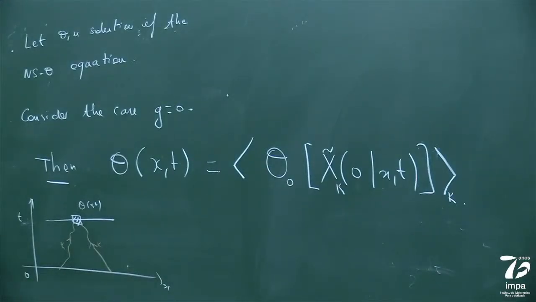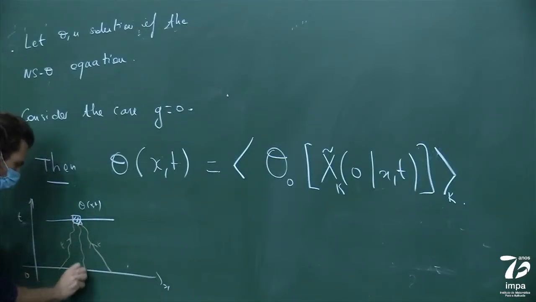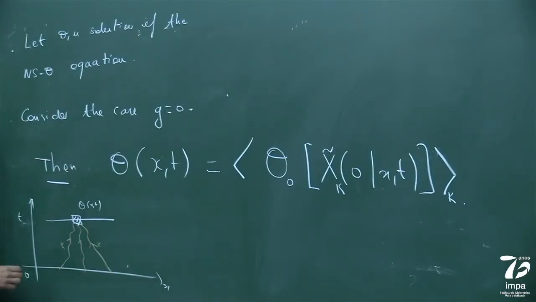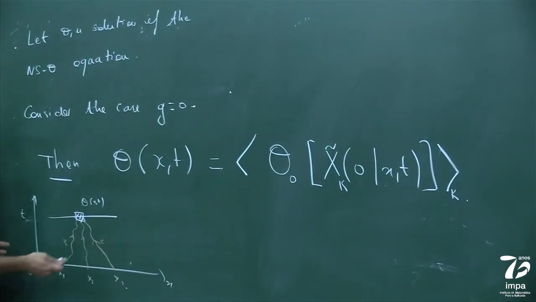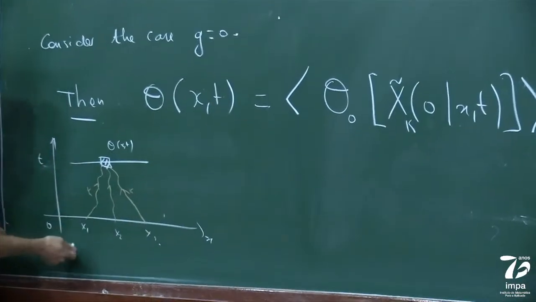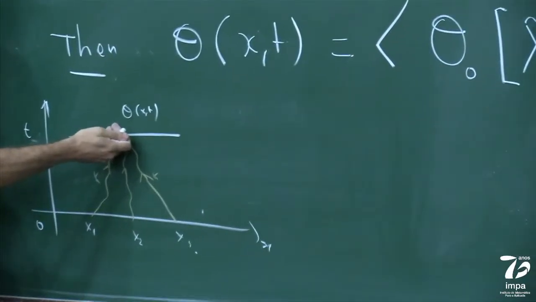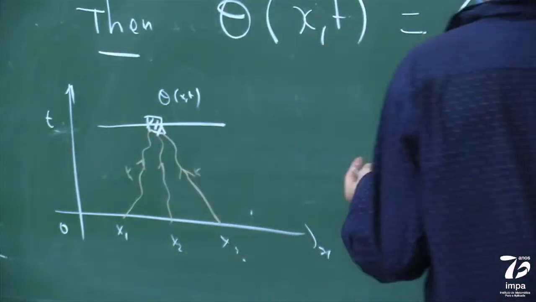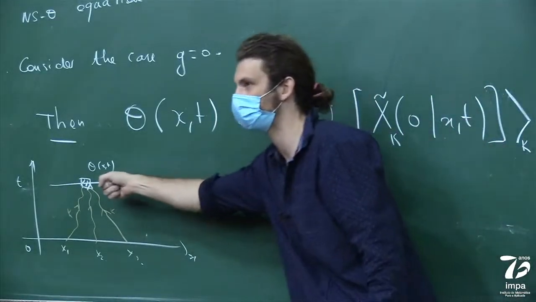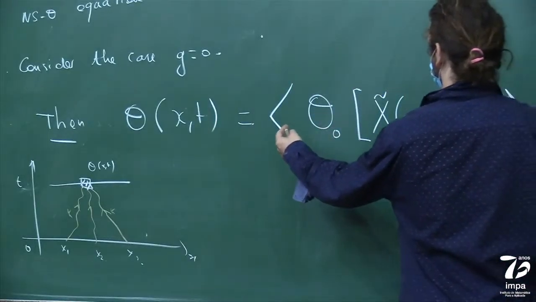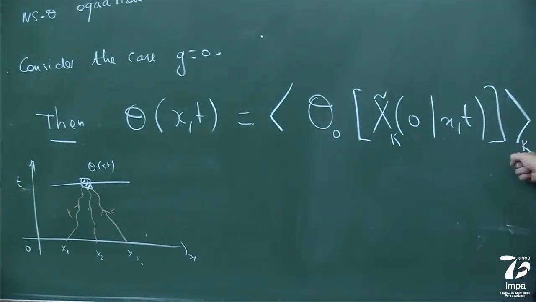So what it means is that you have your initial data, with different values x1, x2, x3, and if you condition those trajectories to end on x at time t, then you can express the scalar as an average over the backward trajectories, with an average taken with respect to the noise.